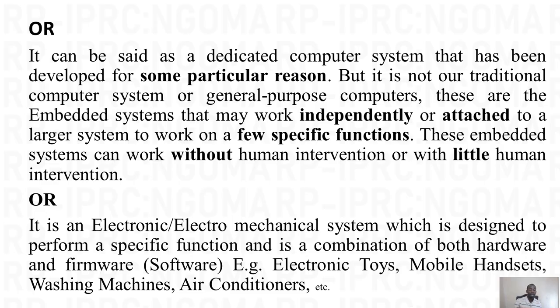So, an embedded system is an electronics and electromechanical system which is designed to perform a specific function and is a combination of both hardware and firmware software. Examples: an electronic toy is an embedded system, mobile handsets, washing machine, air conditioner.